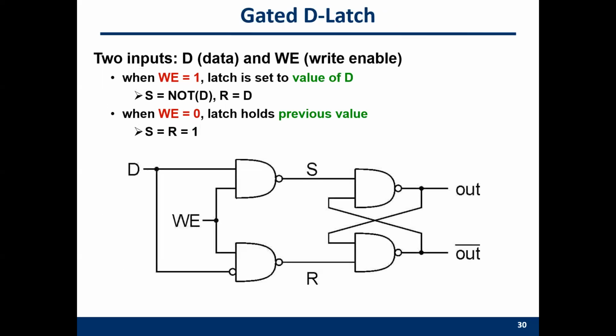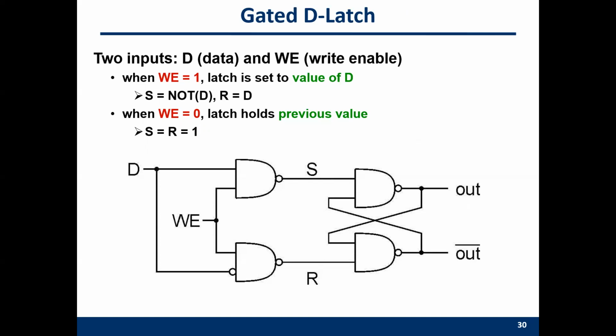There is another type of memory element, which is the so-called gated D latch. And this is the gated D latch. Compared to the SR latch, it's more complicated because you have 4 components here, 3 of them NAND gates.